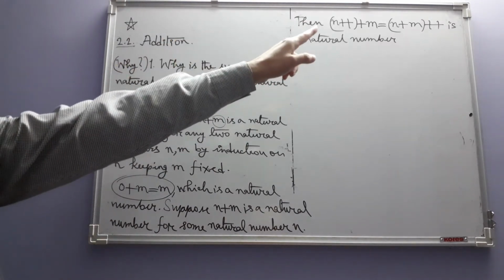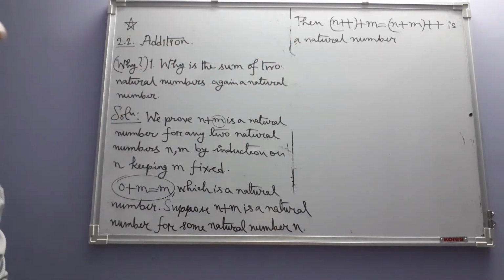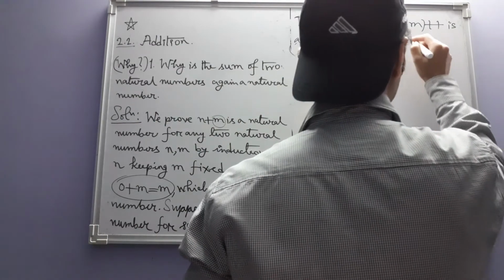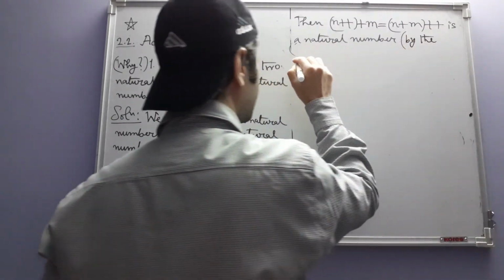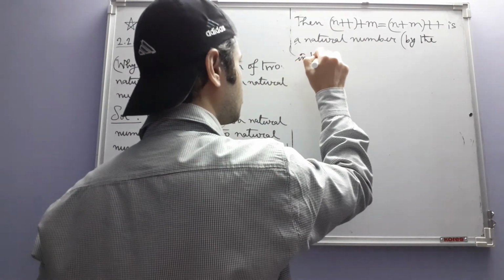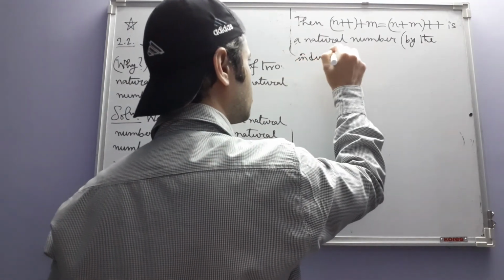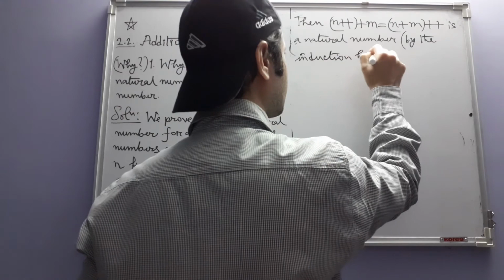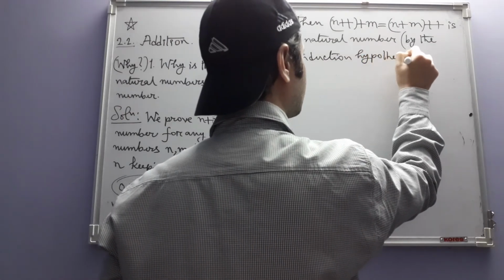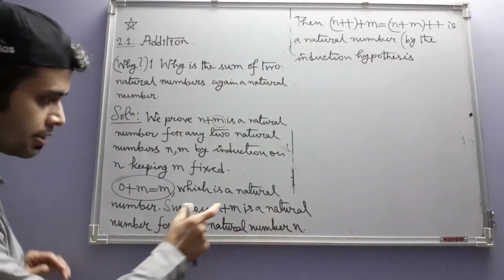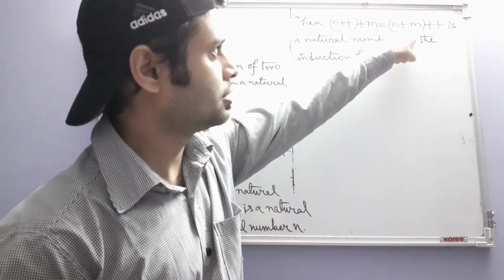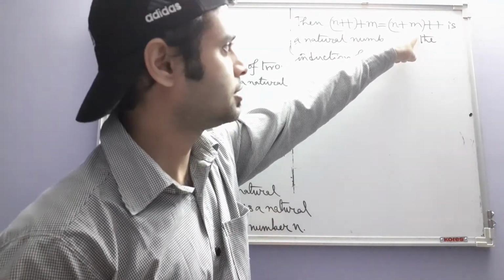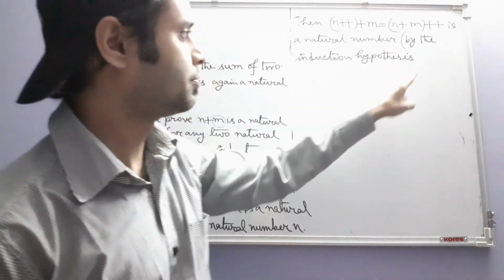It becomes a natural number because of two things. By the induction hypothesis, what is my induction hypothesis? That n plus m is a natural number. So the number inside the round brackets is a natural number.